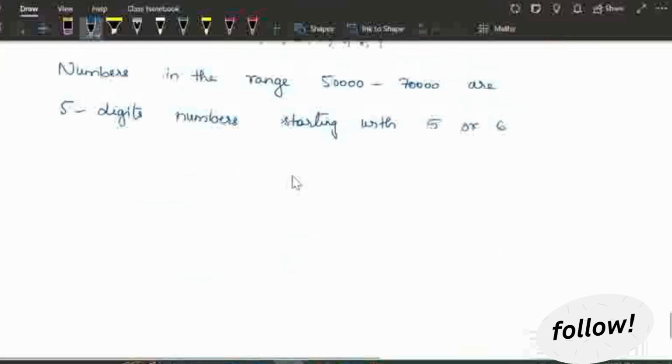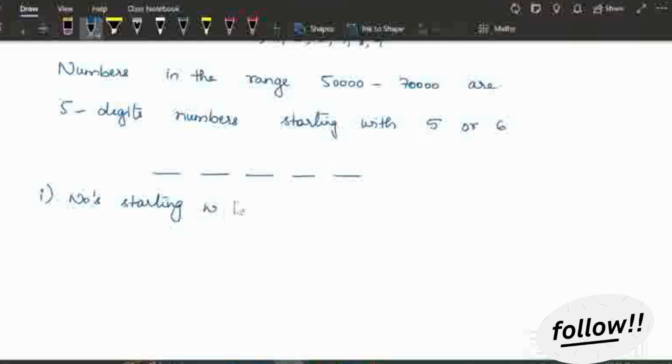So in how many ways can you fill the first position? We will find out numbers starting with 5. If the number is starting with 5, then the first position is fixed, isn't it? A number starting with 5 will be of this format: 5 is here, and you have 4 more digits to be filled.